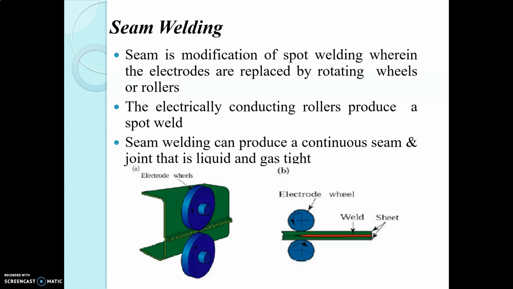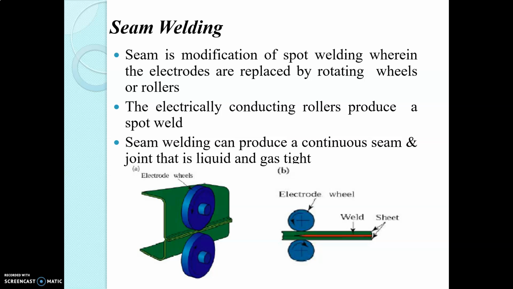And if the spot welds are made sufficiently close so that they overlap and make a leak-proof seam, that is nothing but a joint, then that process is called seam welding. So the typical applications of seam welding include sheet metal radiators and drums, where both the longitudinal and the circumferential lap joints are used.